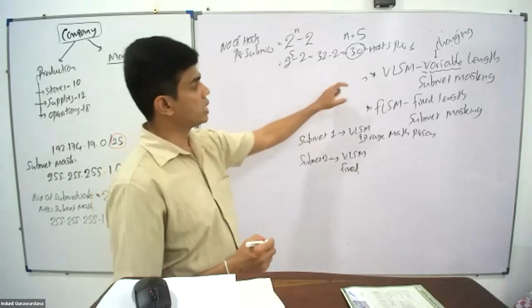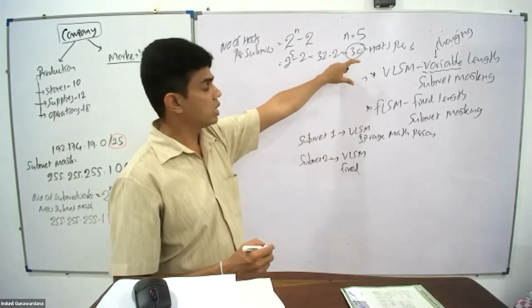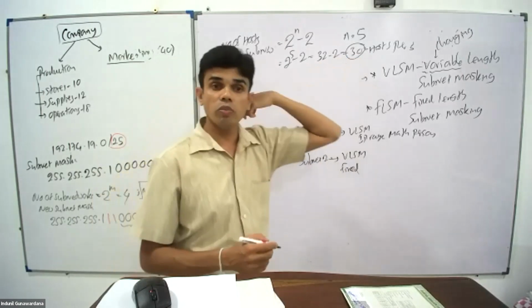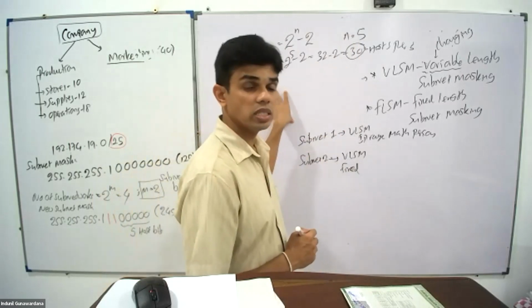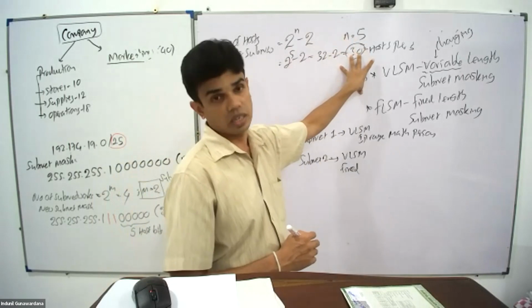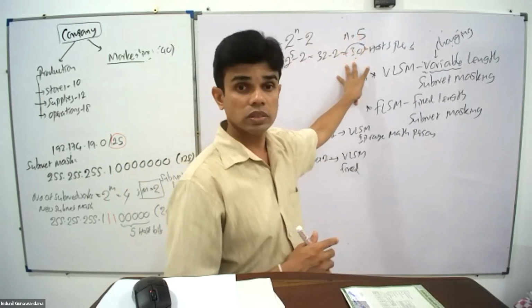That's why we call them fixed length subnet masking. Variable length means the subnet mask is changing from subnet to subnet. At this subnet, it has a certain IP address. Whenever it goes to the next subnet, it has another different value.